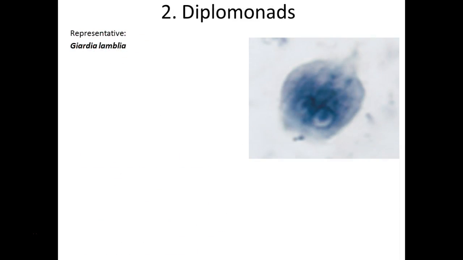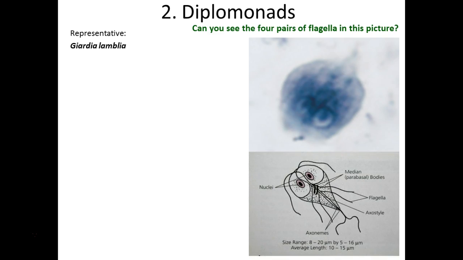Okay, so the next one is Giardia. You do need to know about him. Unfortunately, the picture even in your book is really bad. You can't even see his flagella, right? But he has 4 pairs of flagella. He's found in the trophozoite as well as the cyst phase.